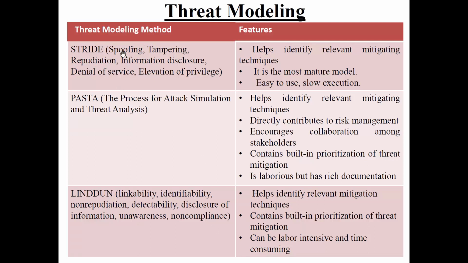So in this STRIDE model, which is the most popular model by far, let us look at it in detail. So the S in STRIDE stands for spoofing. Spoofing means pretending to be something or someone else other than yourself.